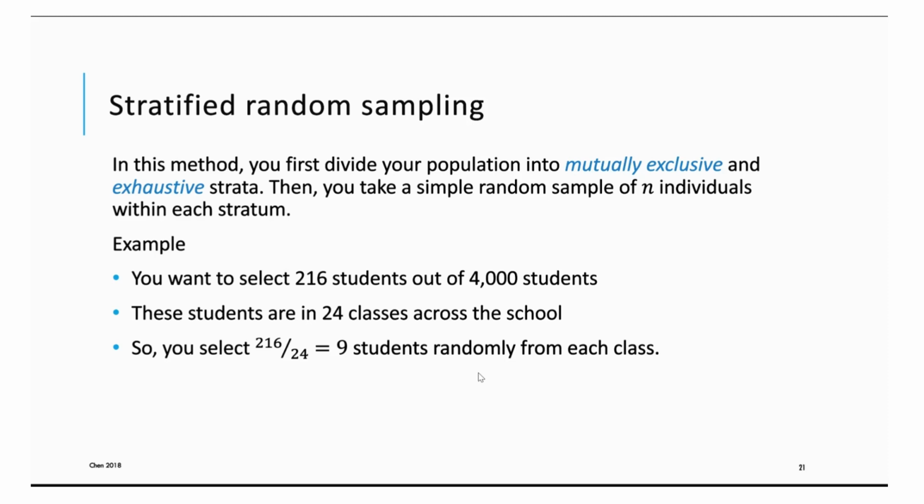Now, the problem is, you could do a random survey, but let's say in this school you have about 3,800 elementary students and just 200 high schoolers. If you do a simple random sample, the likely thing is that you would have less than 10 high schoolers in your sample.